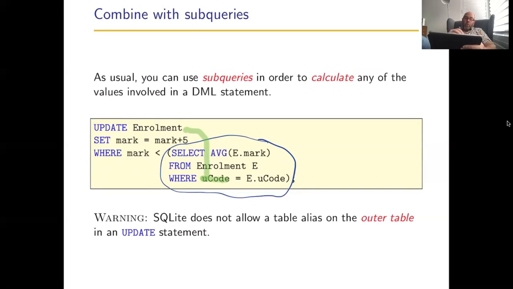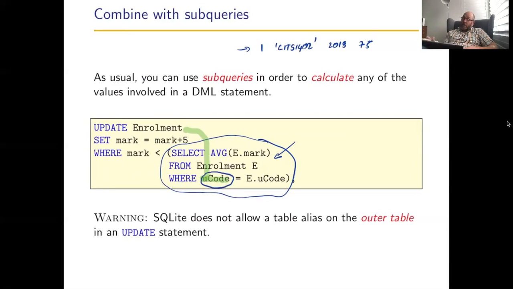So while the system is processing an enrollment, say it's looking at student Amy, CITS1402, 2018, scored 75. While it's processing this row in the outer query, it will quickly calculate the average mark for every student in the same unit.